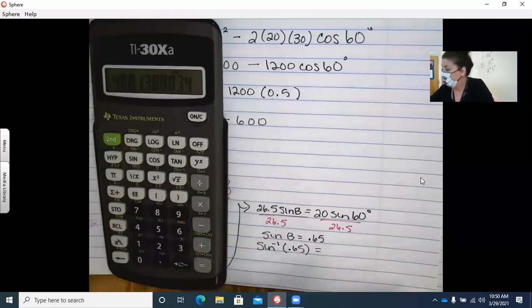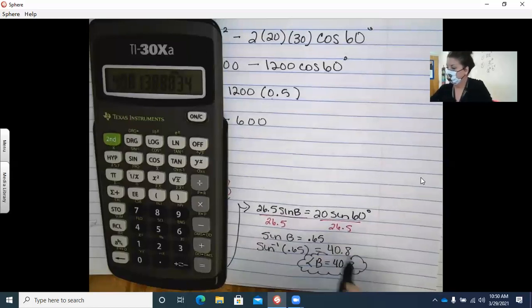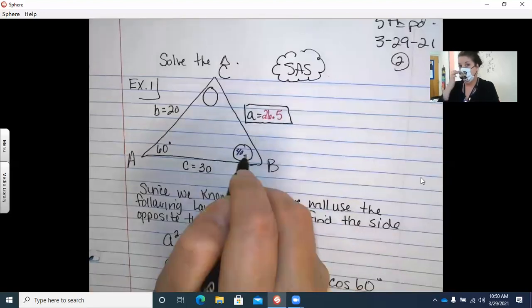Let's do 40.8, more accurate. So angle B is 40.8. We good with that?